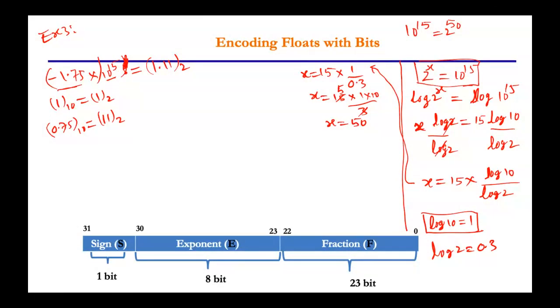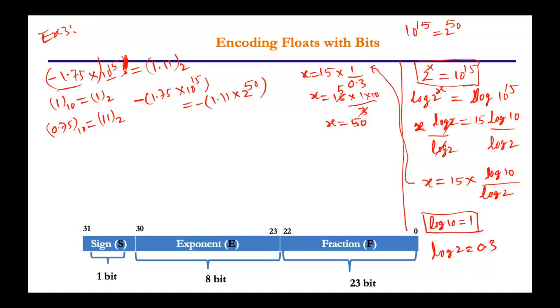Okay. So then you can write that minus 1.75 into 10 to the power of 15 is equal to minus of your binary format, that is 1.11 into 2 to the power of 50, which we got here equivalent, right?